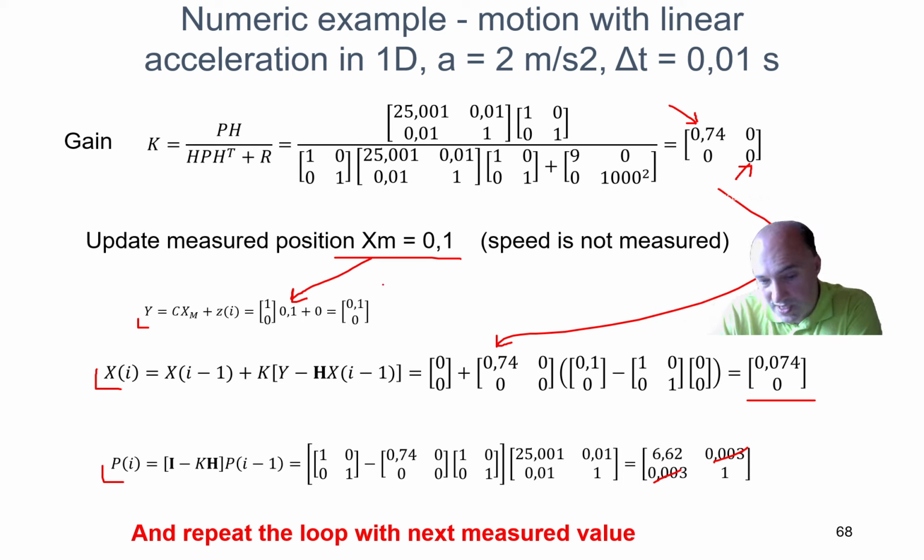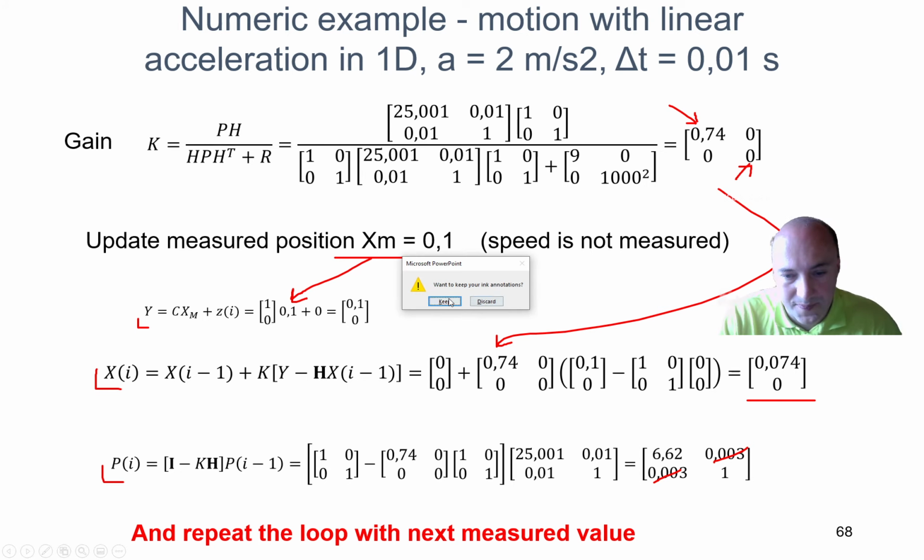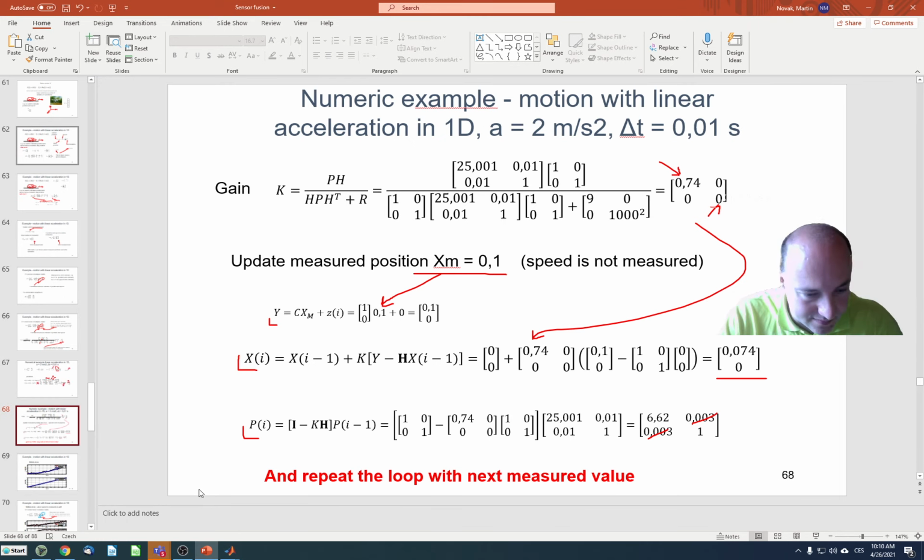And this repeats with the next measured value. So at the end, for every sample, we'll calculate all those equations, and we will get an update of our estimate. So now let's take a look at an example in MATLAB that you can try on your own.